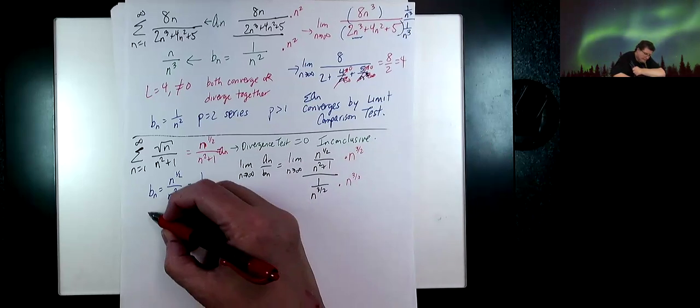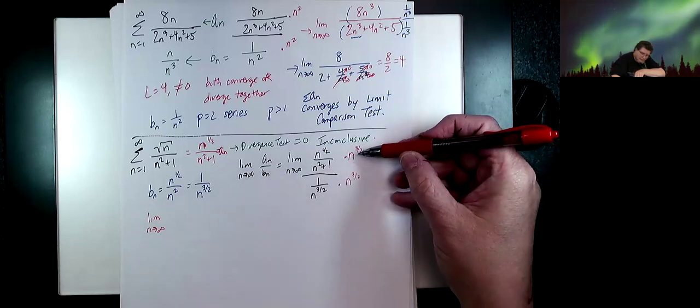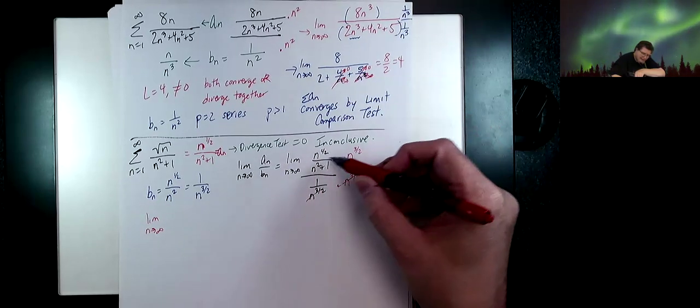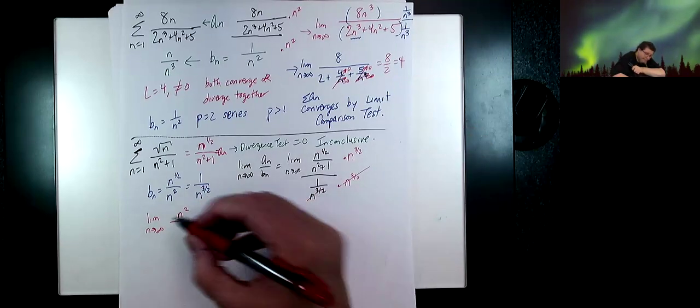So we get the limit as n goes to infinity. These cancel. N to the 1/2 times n to the 3/2 is n squared on top.